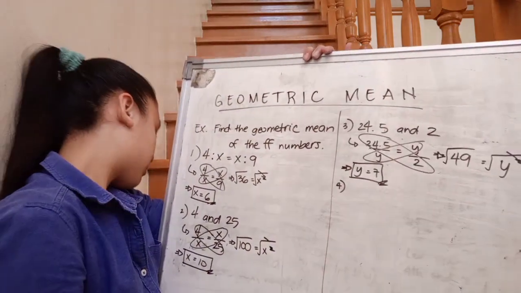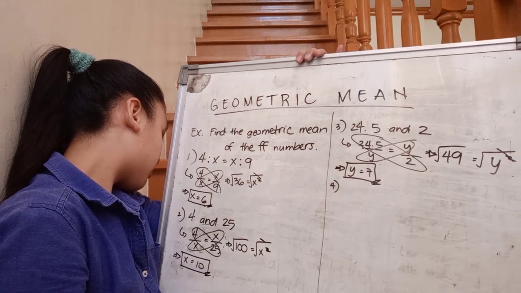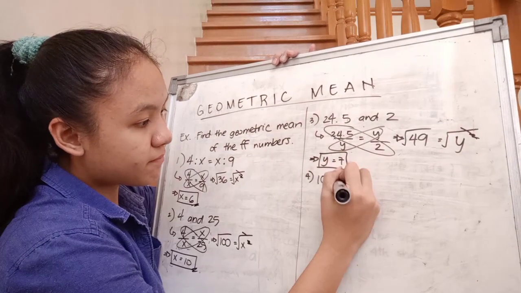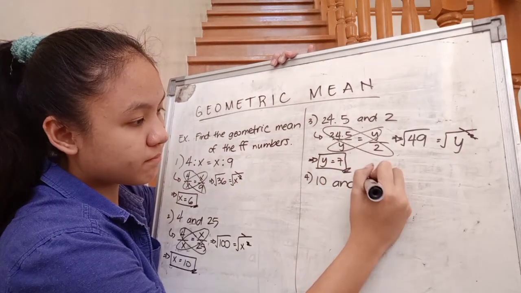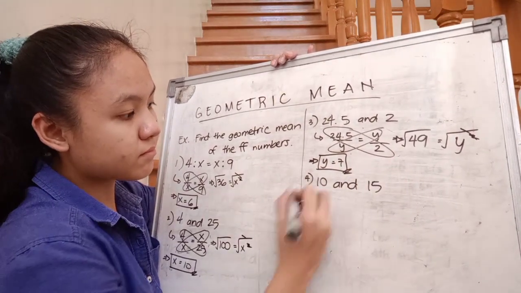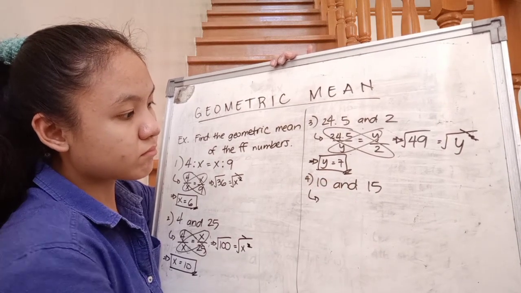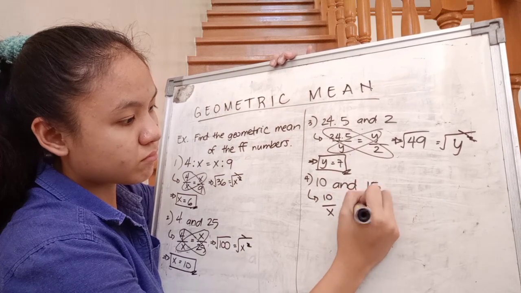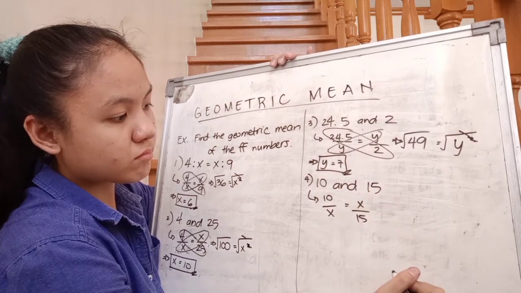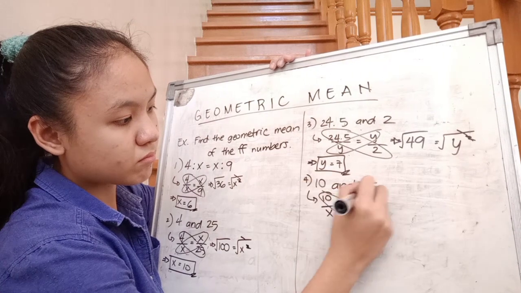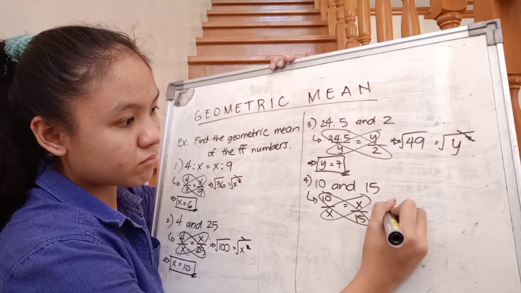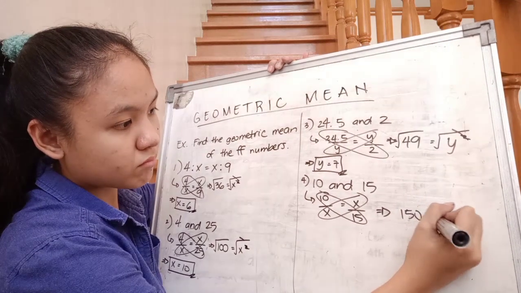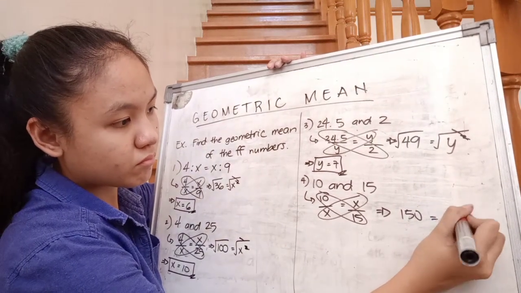And our fourth example, 10 and 15. Converting it into fraction, 10 over x is equal to x over 15. Cross multiply 10 times 15 and x times x. So 150 is equal to x squared.